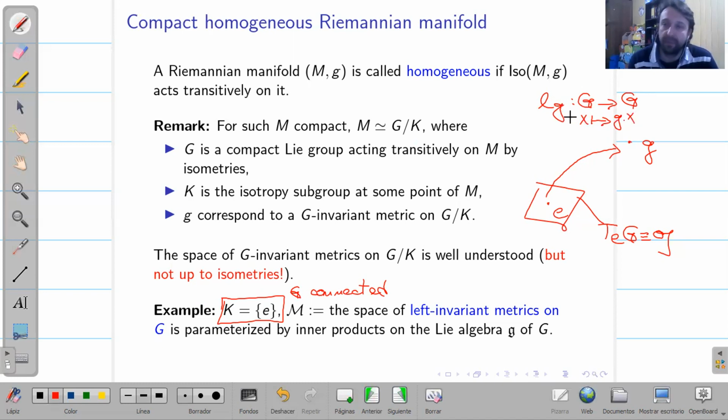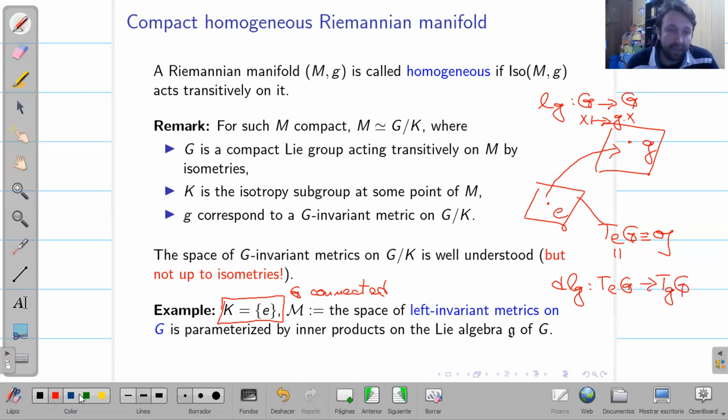This diffeomorphism sends the identity element to g, and so the differential of this diffeomorphism identifies the tangent space at the identity with the tangent space at g.